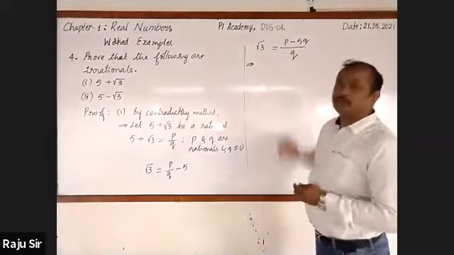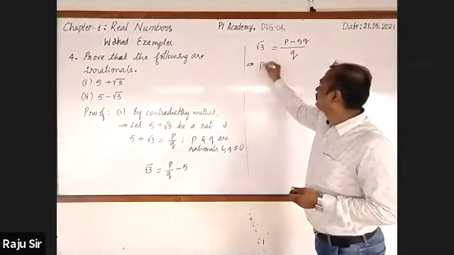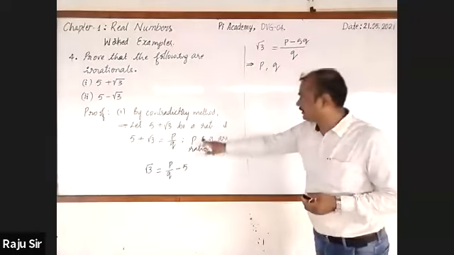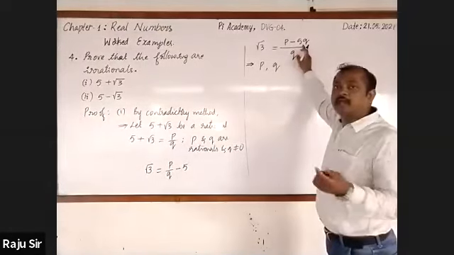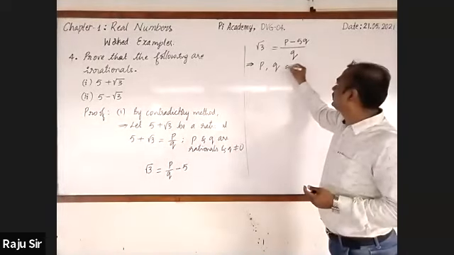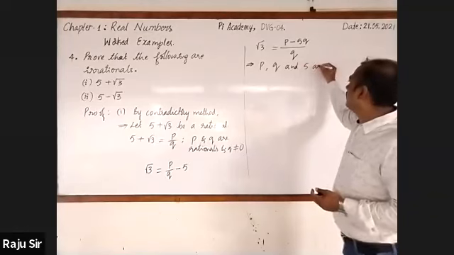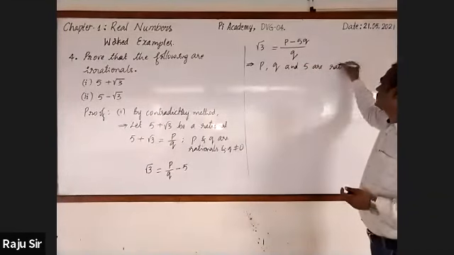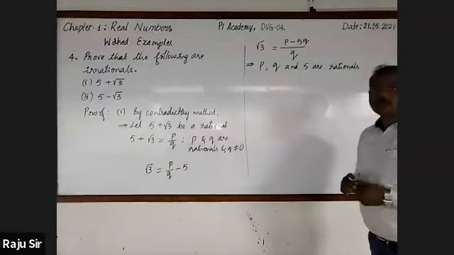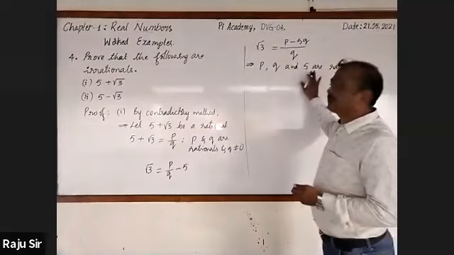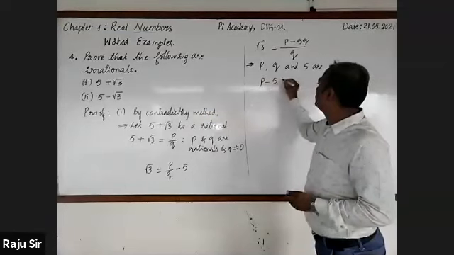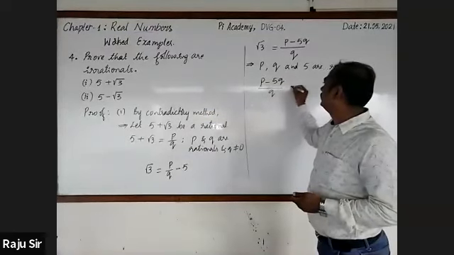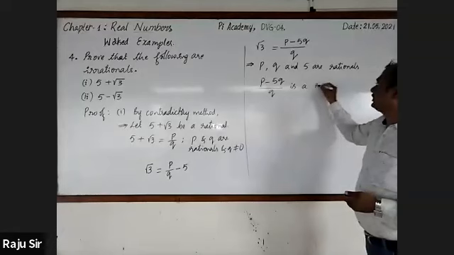Next, we know that we have assumed P, Q as rational numbers. Here, P and Q are rationals. And we also know that 5 is a rational number. Alright, P, Q and 5 are rationals. If these are rationals, this whole statement, that is P minus 5Q by Q, is also a rational.